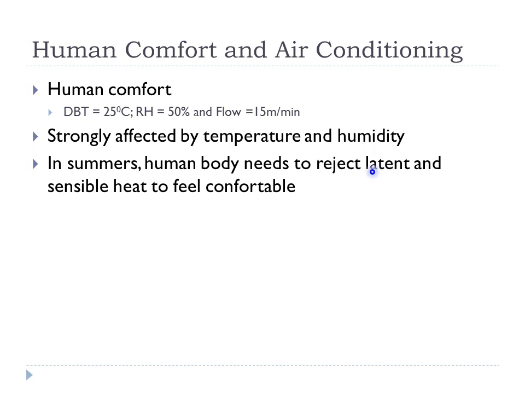By perspiration, we reject latent heat, and by decreasing its temperature, we reject sensible heat. So the air conditioning system needs to provide an environment around our body so that it can reject the latent and sensible heat and feel comfortable.